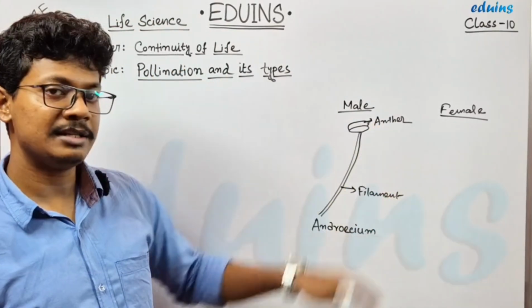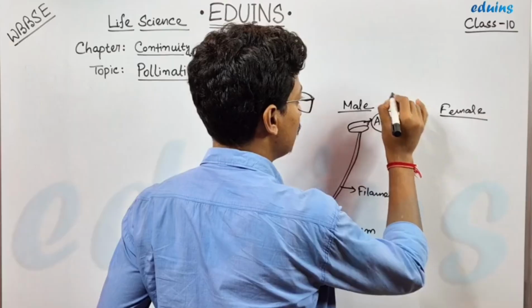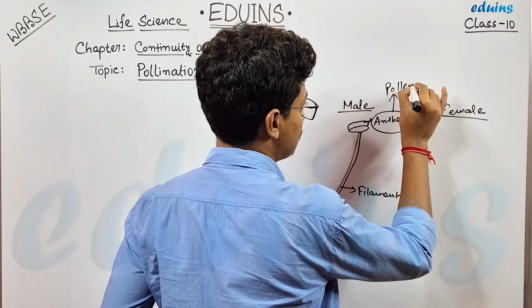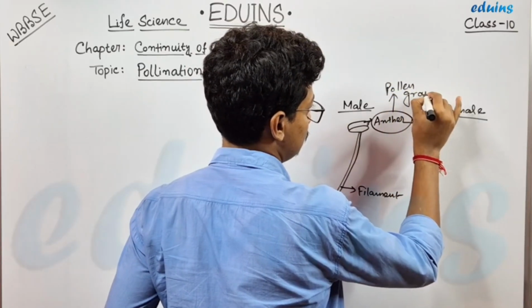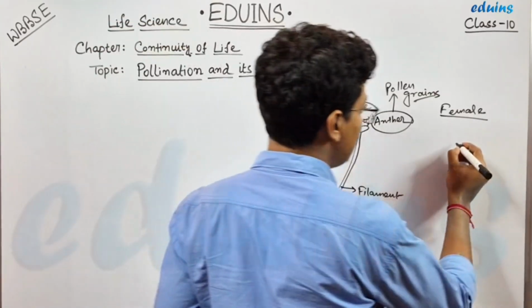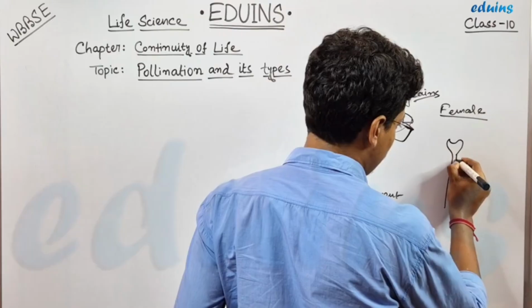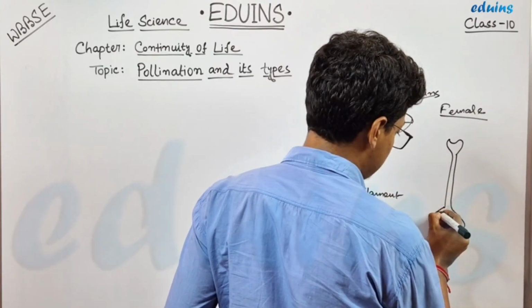Okay, so two parts, that is anther and filament. The anther contains the pollen grains. And the female reproductive part has three parts.